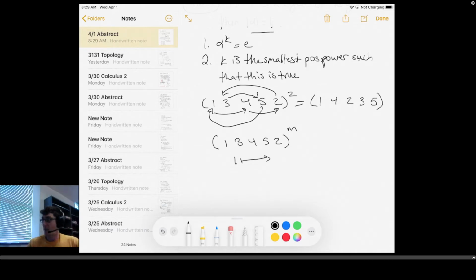So we said the second power, you're going to go 2 over. Third power, you go 3 over. Fourth power, you go 4 over.